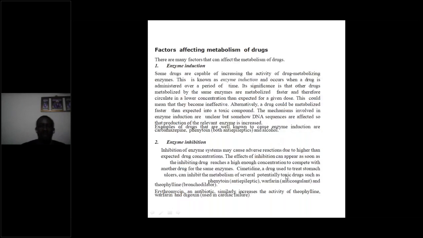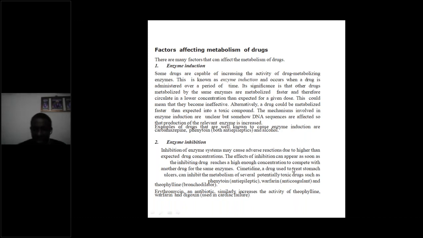The effect of inhibition can appear as soon as the inhibiting drug reaches a high enough concentration to compete with another drug for the same enzyme. Okay, so you may have a drug, you may have another drug, they are competing for the same enzyme. So one will now be inhibited. So when there is enzyme inhibition, it will focus on one drug and leave out the other. So these are examples of that.